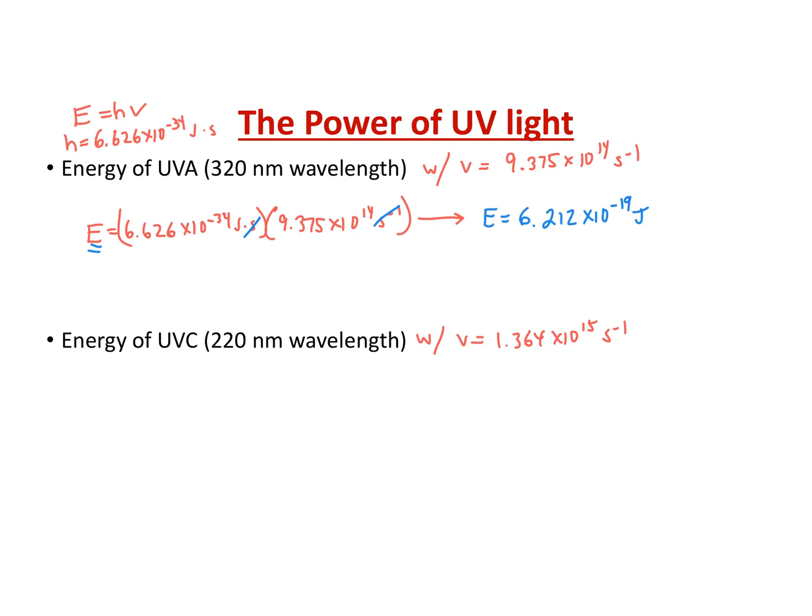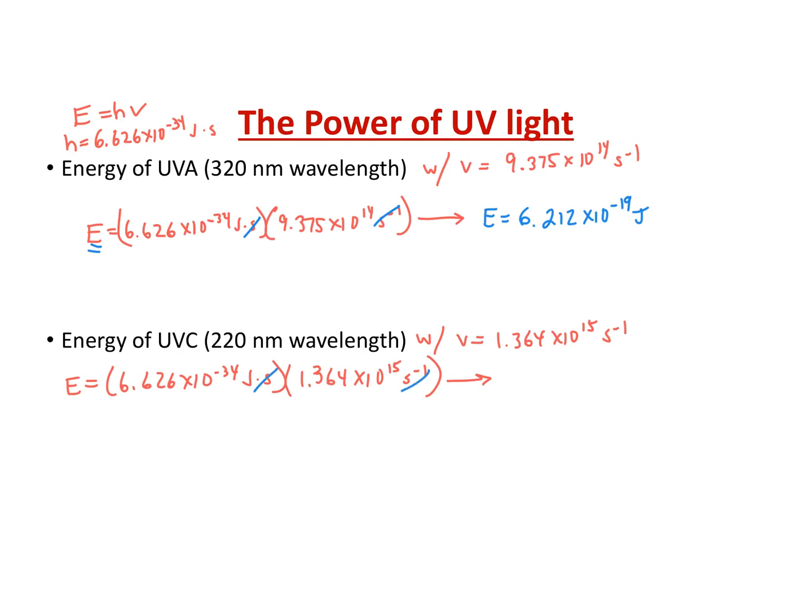Do the same calculation for UVC. Energy equals 6.626 times 10 to the minus 34 joules times seconds times my frequency of 1.364 times 10 to the 15th inverse seconds. Multiply. Again, the units will cancel out.